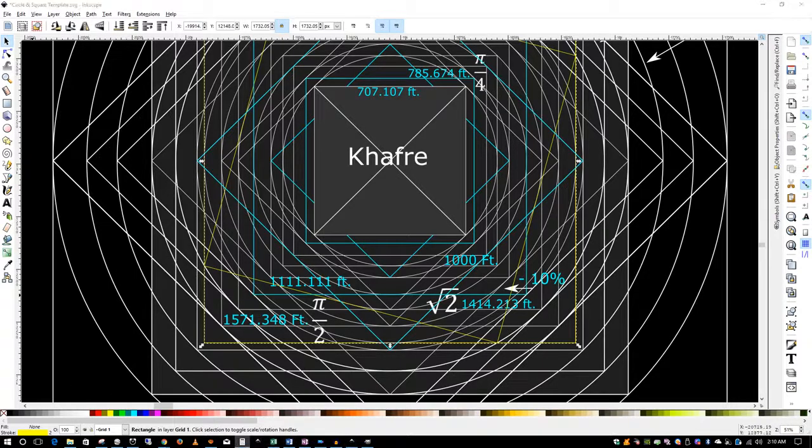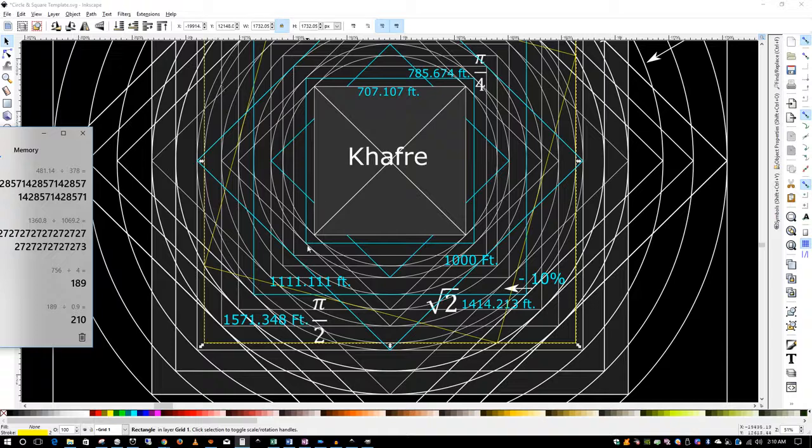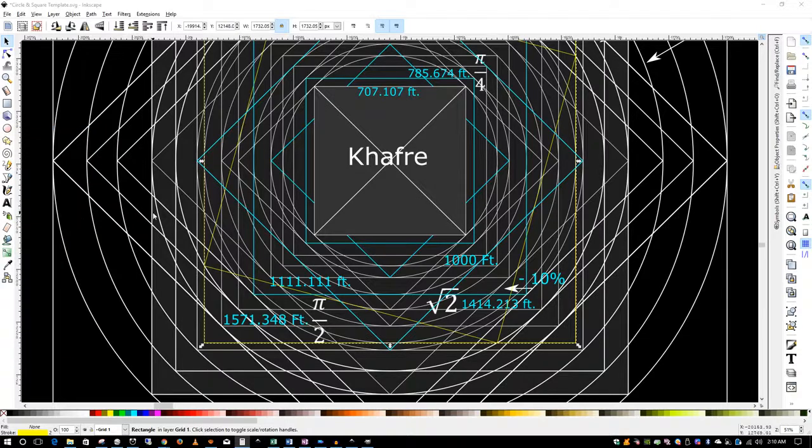So let's just prove that real quick. The square root of 3, 1.73205, so we get the same number. And of course all of this is just simply the ratios multiplied by 1,000 in order to make them pyramids.